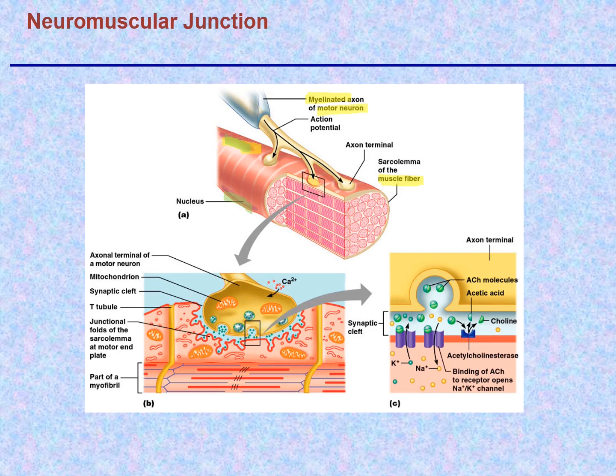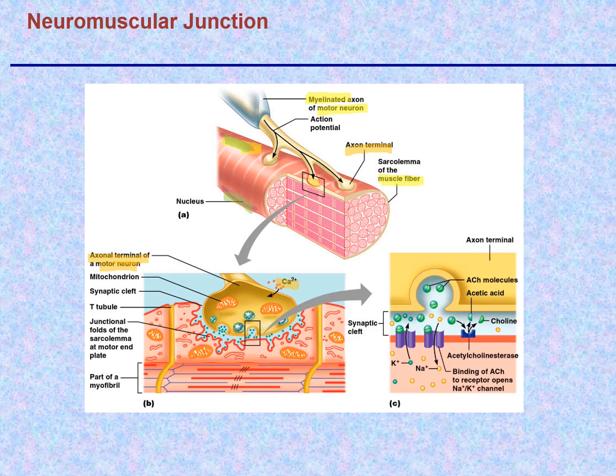What happens with activation, I'll go through it, but we'll also see it on the next few slides. When an action potential, an impulse, is sent down the axon of the motor neuron and arrives at the axon terminal, calcium channels open and calcium flows in.